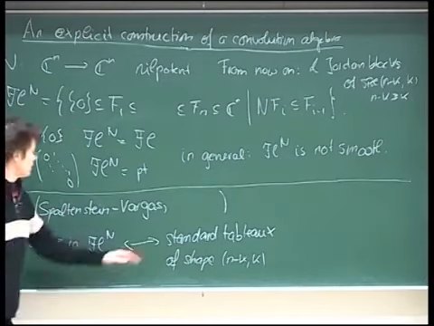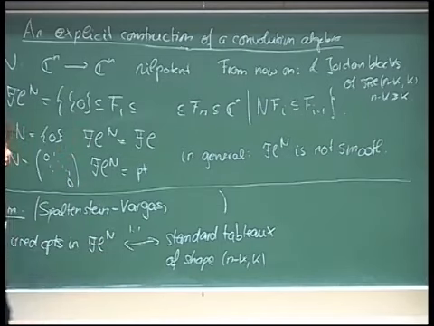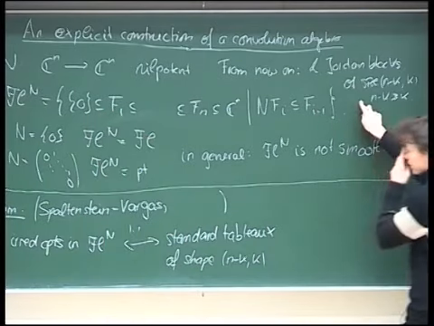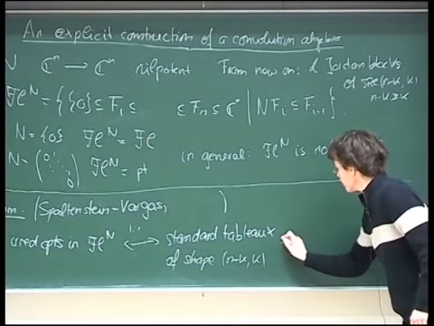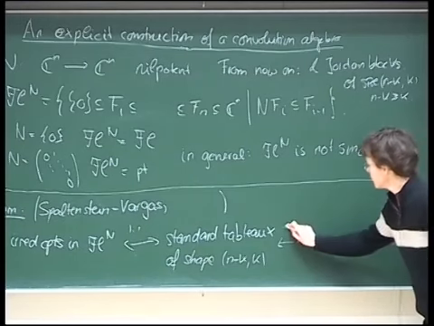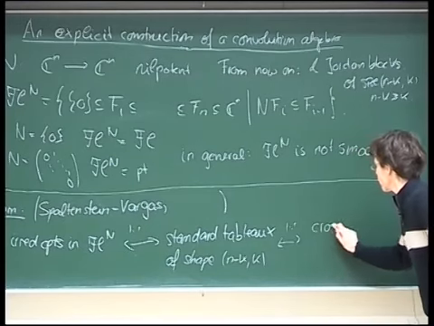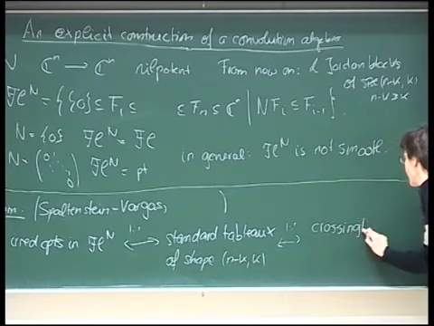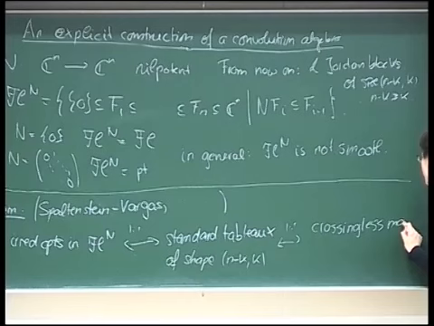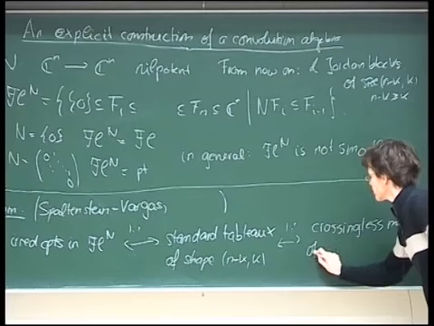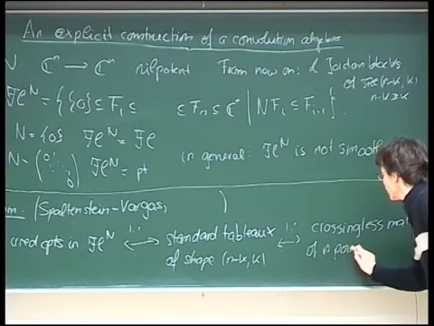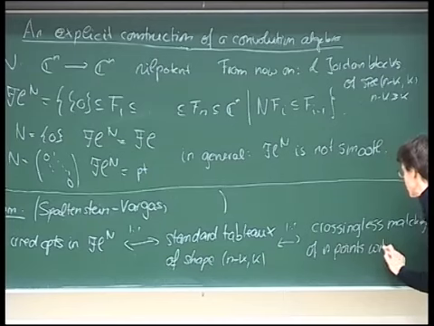So this theorem holds in general. It's not only in this case, but what is nice here is that I have another bijection, namely what I want to call crossingless matchings of n points with k cups.